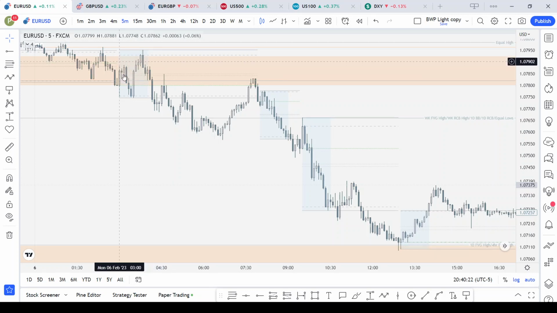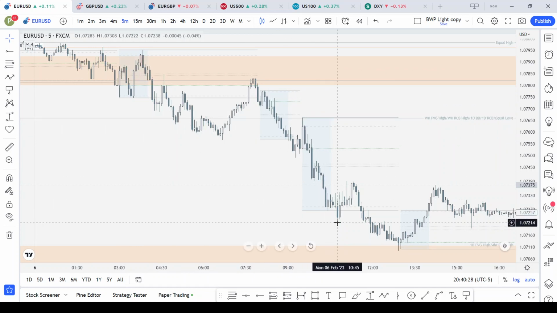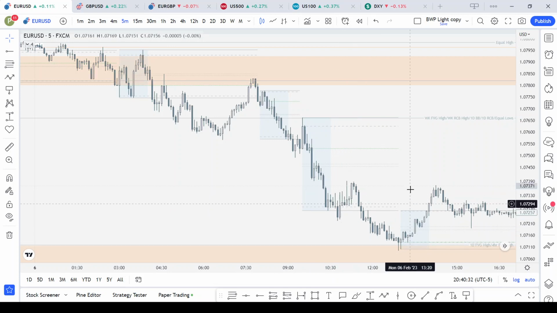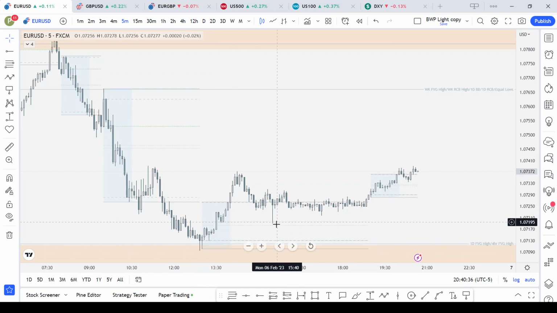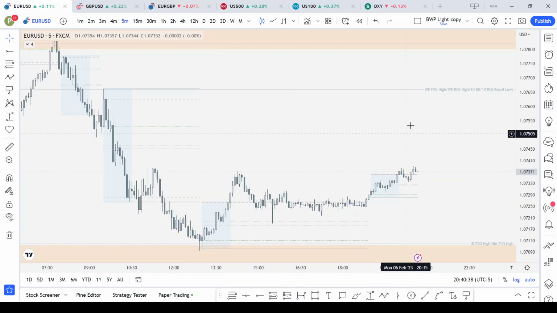You can see this here again: down, rally to the middle, rejected, close down below it, rally up, rejected, close above it, drop down, rally up.